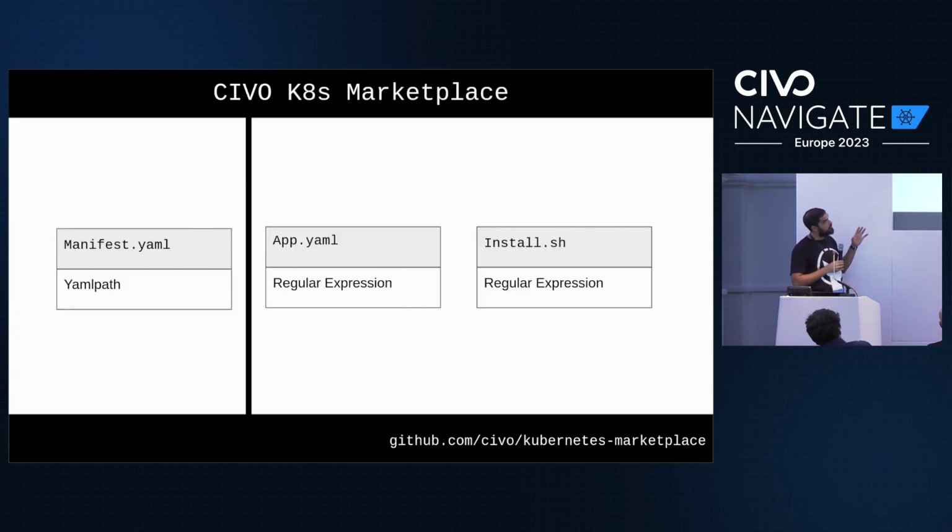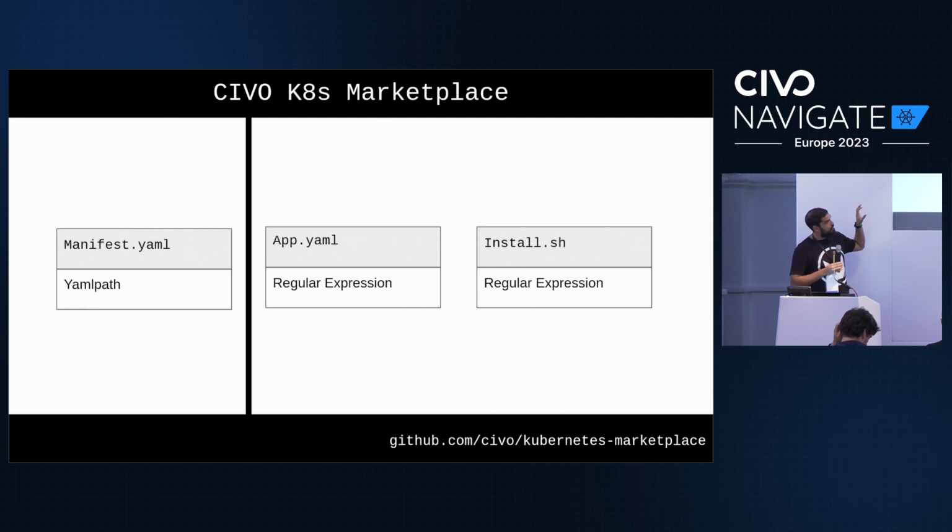In the case of the Civo Marketplace, I found those three types of files. We have the manifest.yaml, which is the file used to provide metadata to the marketplace, like the name, the version of the application, the description. And then you have either an app.yaml, which contains a list of Kubernetes resources, or the install.sh.